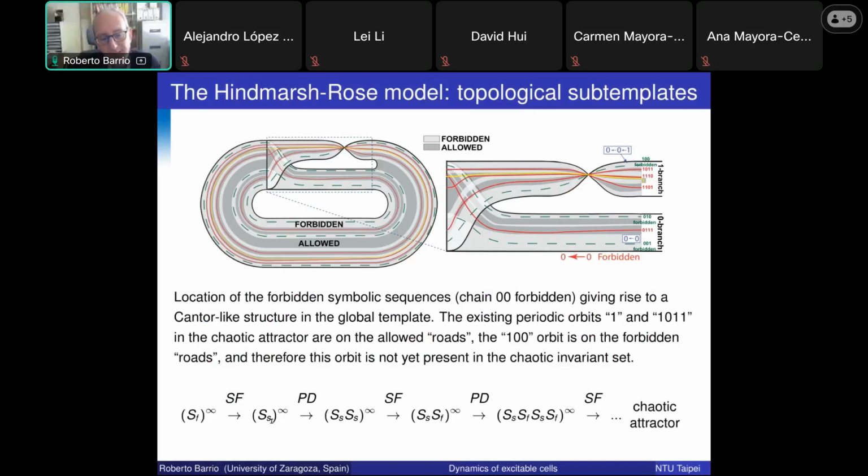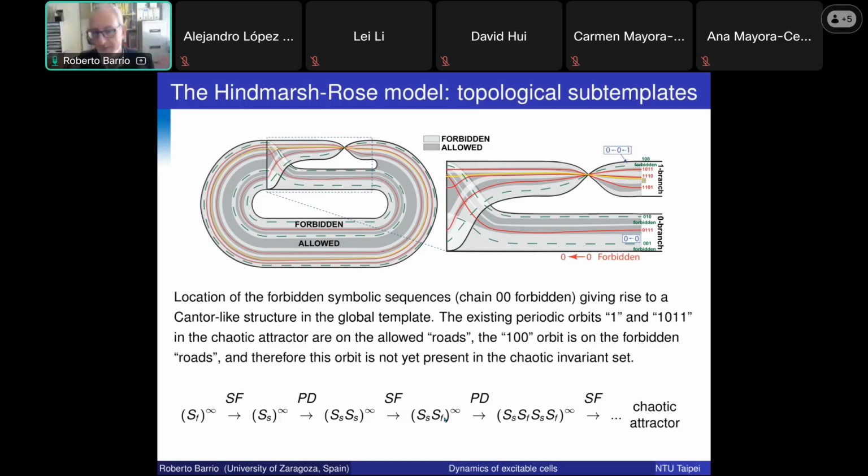This symbolic flip changes the last symbolic name, but later there are period doubling bifurcations that duplicate this, and another symbolic flip changes just the last one of 1 and so on. It begins to complete all the symbolic names that allow you to complete all the periodic orbits with 2 zeros, or with 2 or 3 zeros and so on.